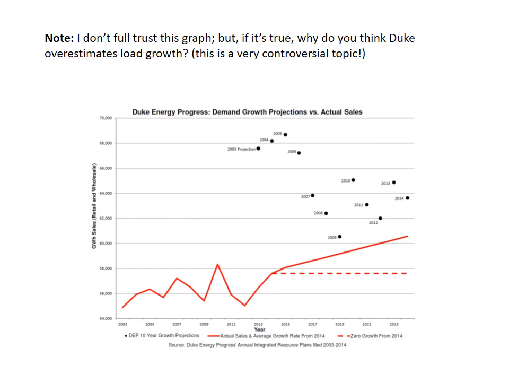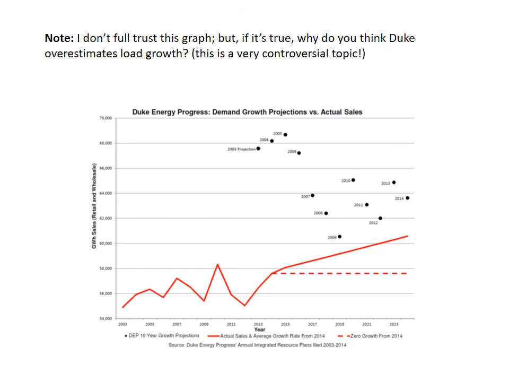So the black dot that's 2005 is what Duke Energy in 2005 thought electricity demand in 2015 was going to be, right? And so the other thing to keep in mind here is the scale on the y-axis. So they're off, and they're off by quite a bit.